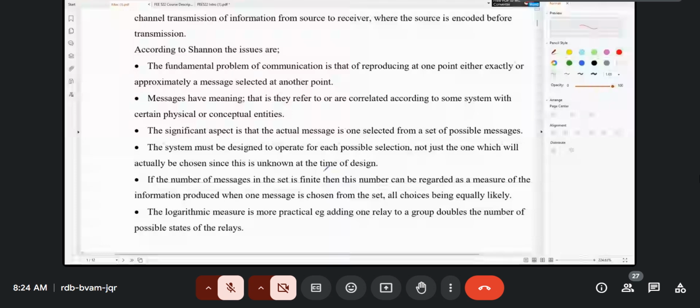When you design a system, you also design that it can carry any of the messages. It will depend on the type of modulation, type of encoding. But I think it is talking more on the possibility of using different symbols to carry your data. So that must be taken care of in the design.